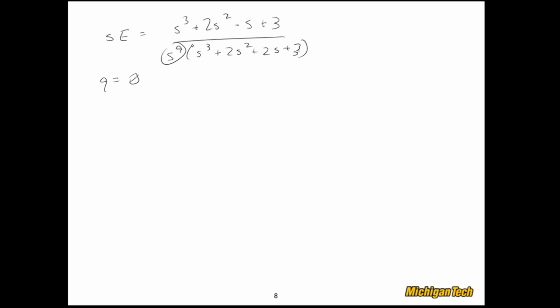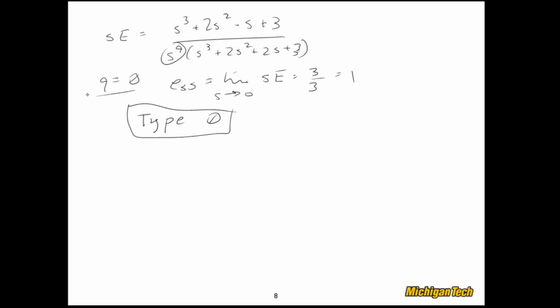This term becomes 1, and then to get steady state error, I take the limit as s goes to 0 of s times e. I have s times e here, and I'll get 3 over 3, or 1. So I have a constant not equal to 0. So now I know that the type is 0. It's exactly what I have for q.